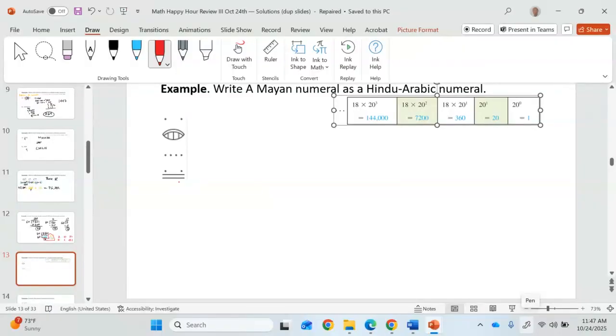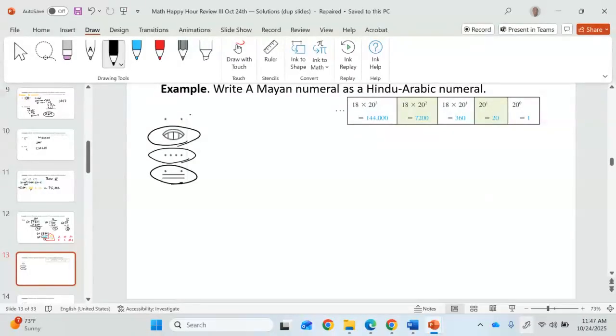For example, a horizontal line means 5. So this is one group of numbers, the second group, the third one, and the fourth. This is equivalent, so it'll be 5 plus 5 and 2. This is 12. And then 1, 2, 3, 4. This is 4. This is actually the conch symbol. It's like a shell. It's equivalent to 0 and then 2.